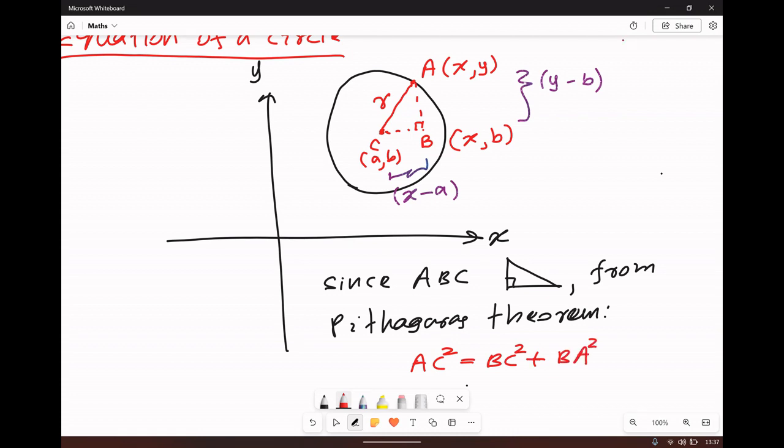Hope that is clear. AC squared is the hypotenuse of the right angle triangle. The square of the hypotenuse is equal to the sum of the squares of the other two sides, that is BC and AB.